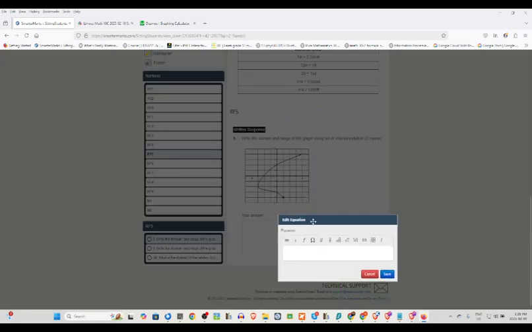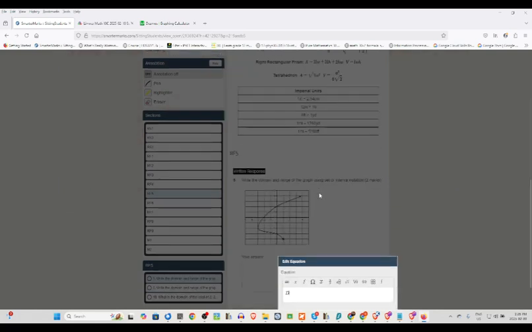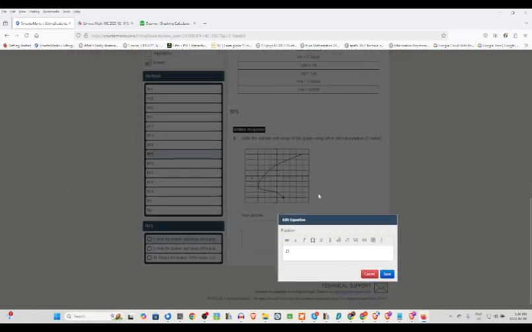Interval notation. That's greater than, less than. Here, our domain is x is greater than or equal to -3.